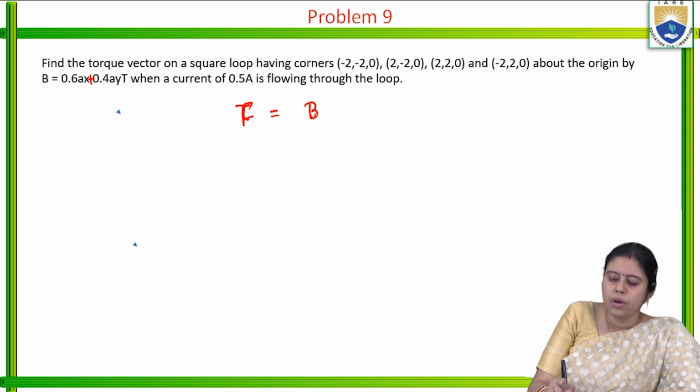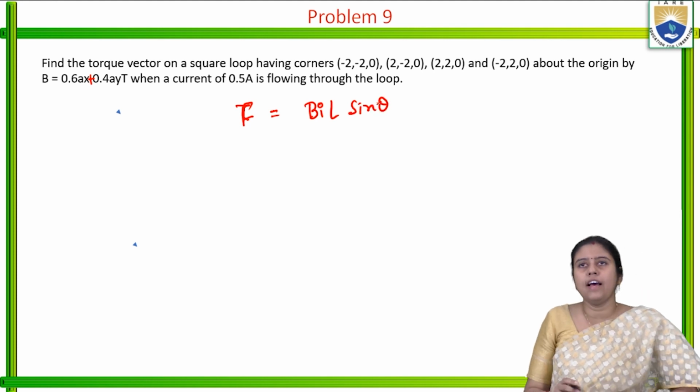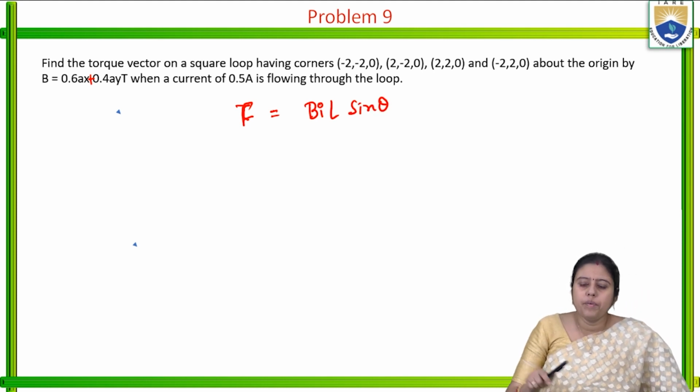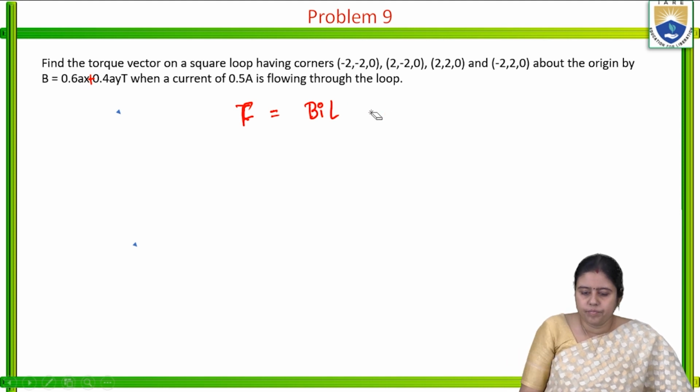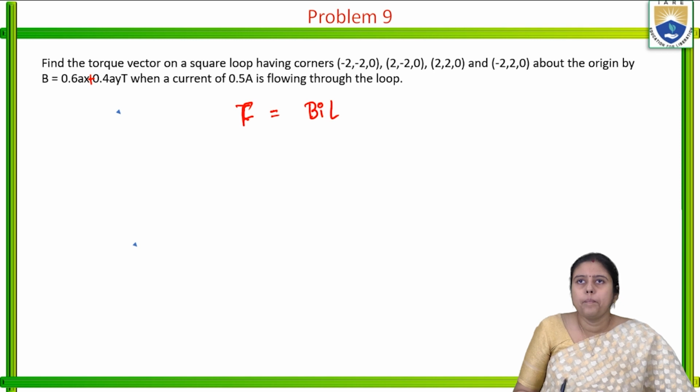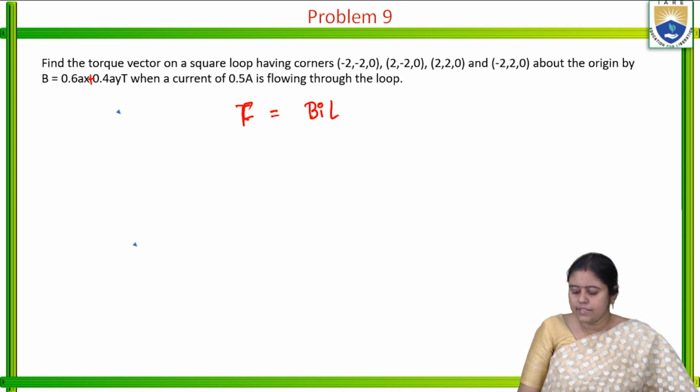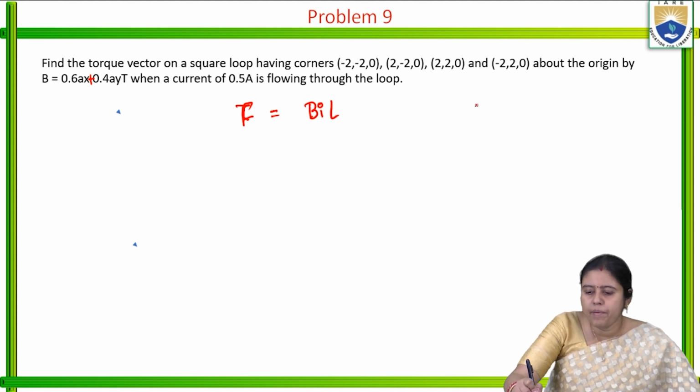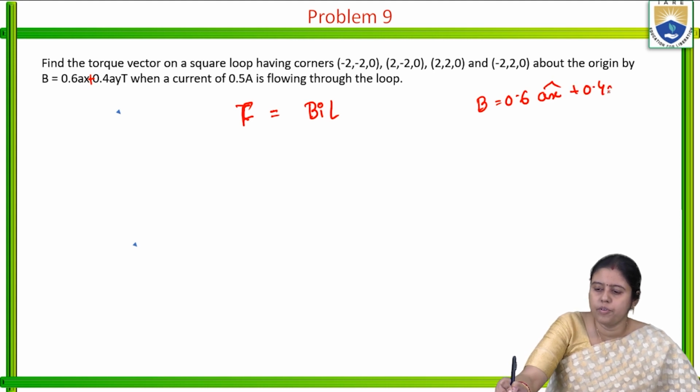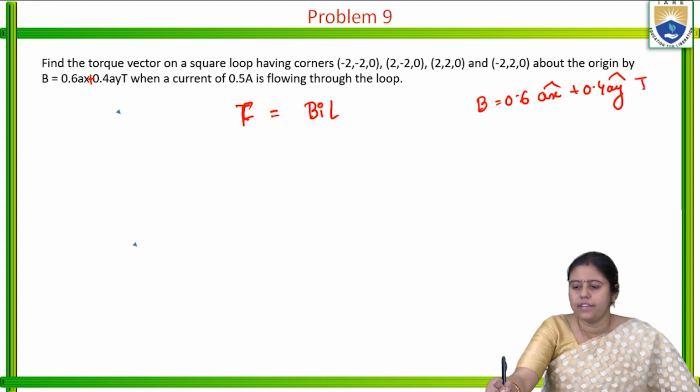Force is equal to B I L sin theta, and we are taking the maximum value of B. F equals B I L sin theta. What is the value of B? The B value is given as 0.6 ax plus 0.4 ay Tesla.